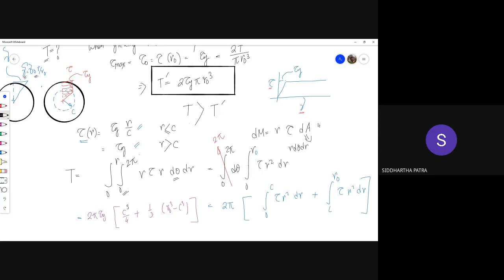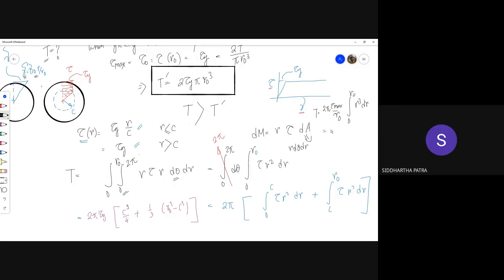In the earlier expression, where you are supposed to do it between 0 to r0, so it would be tau max. So T should be tau max by r0 times twice pi, then integration 0 to r0 r cube dr, right?